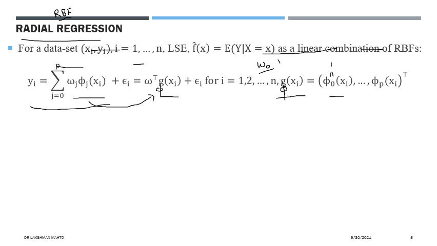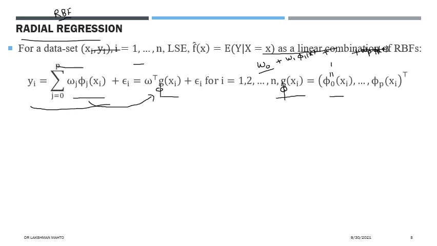Generally we always define the linear model like omega naught plus omega 1 times phi 1 of x, plus it will go up to omega p times phi p of x.